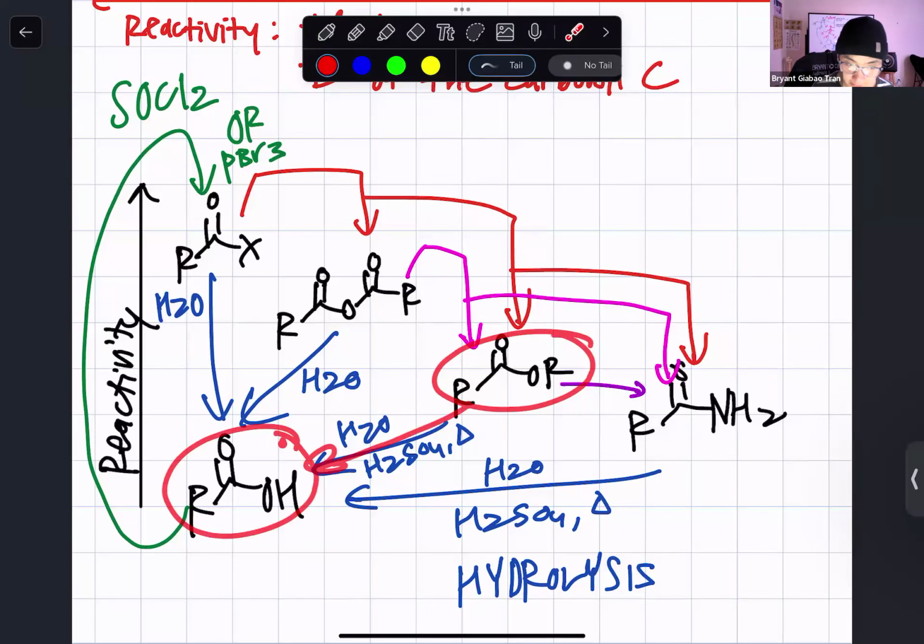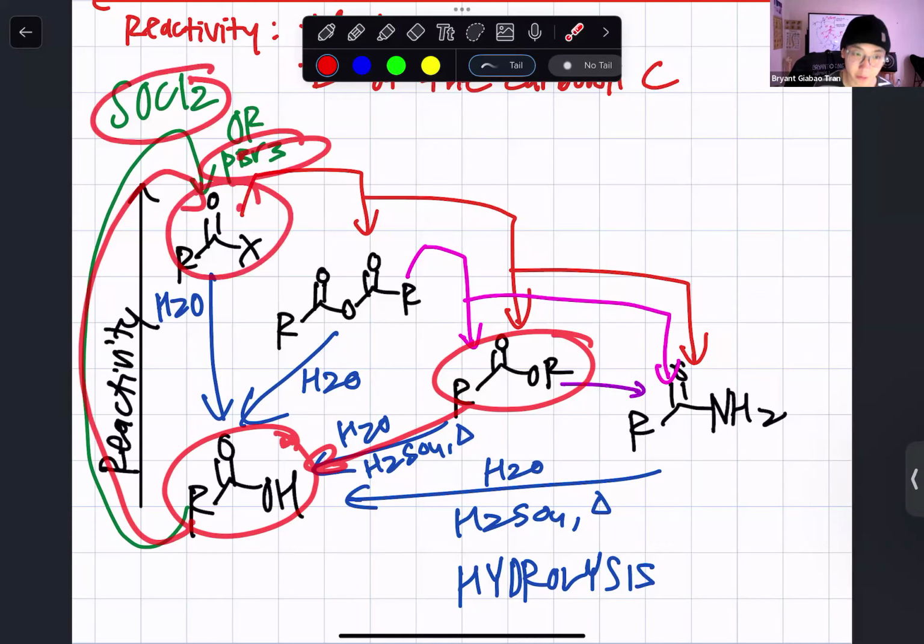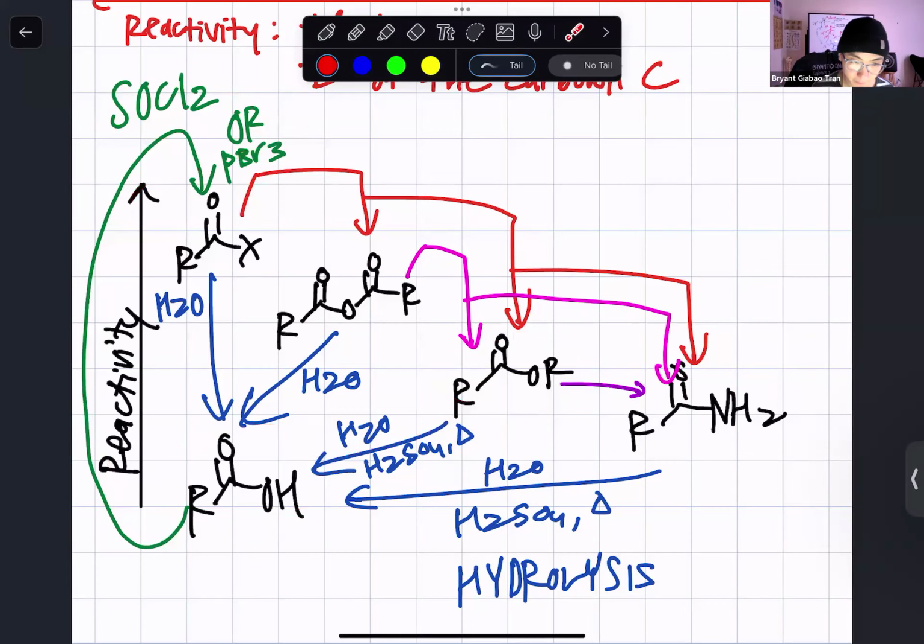And then from the carboxylic acid, the parent functional group of this derivatives family, you could convert that into the acyl halide using SOCl2 or PBr3, right? And then from this most reactive derivative, you can make any of these in one singular step. So that's a possible synthesis route that you might see.